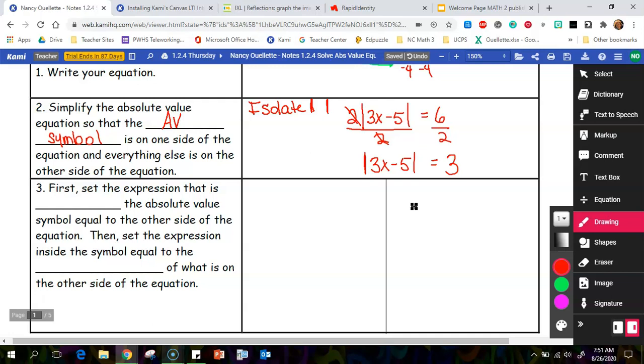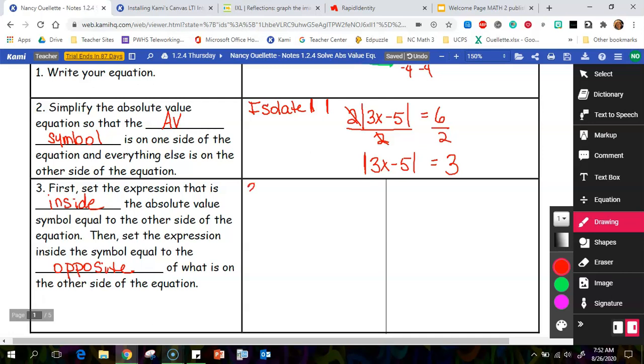So let's come over here. Set the expression that is inside the absolute value symbol equal to the other side of the equation, and then set it equal to the opposite of what's on the other side. Let me show you what I mean by that. I don't want to take this out of the absolute value symbol until I get it isolated.